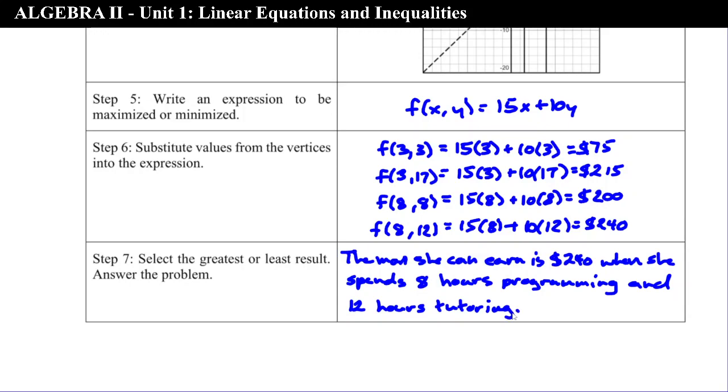And that would be your final answer for this problem.